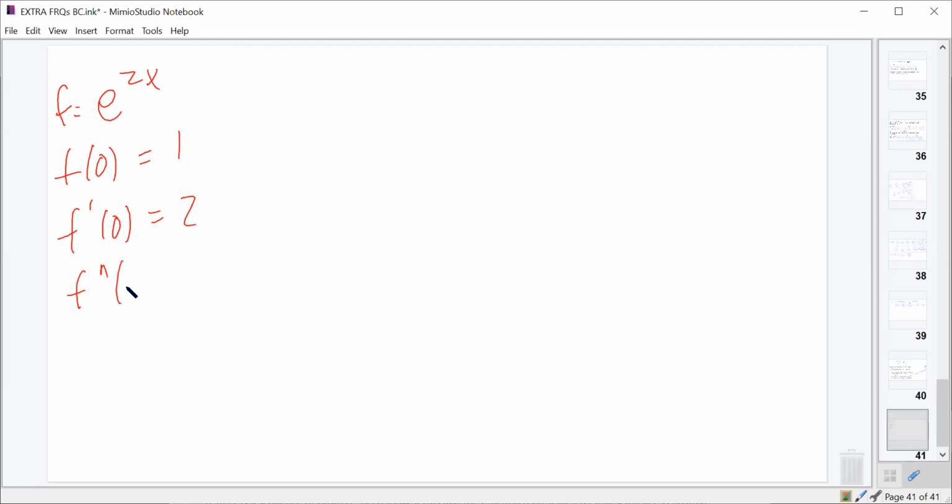F double prime of 0 would be 4 e to the 2x, so 4, and so on. So yeah, to answer your question, if you're trying to do the one for e to the 2x, yes, it would be 1 plus 2 times x over 1 factorial plus 4 times x squared over 2 factorial. So I think that's what you had, the quantity 2x squared over 2 factorial.